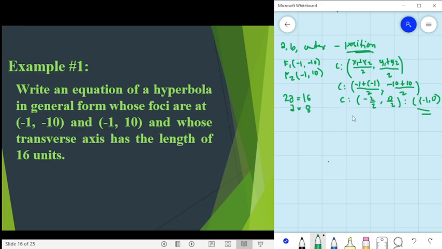And then, to find the distance from the center to the focus, we have the C. So to find the C, we are going to find the C is equal to the absolute value of, dili na nato i-subtract ang mga x nila kay parehas man sila, no?